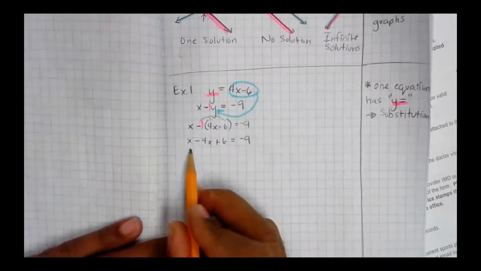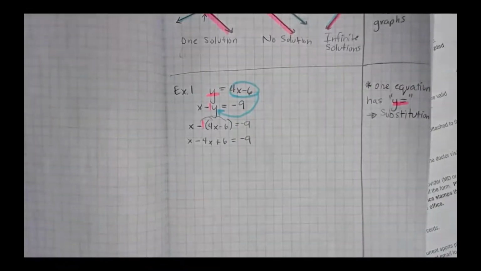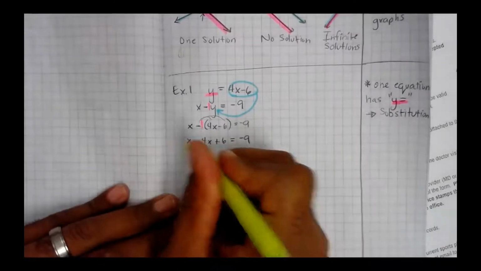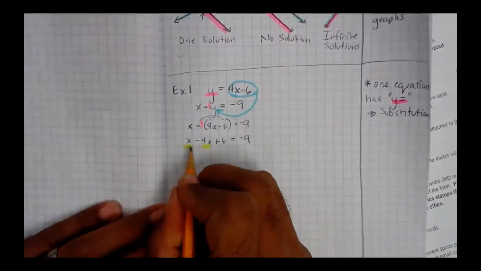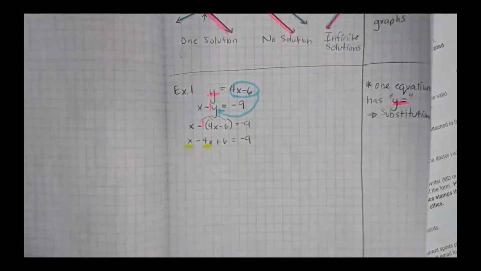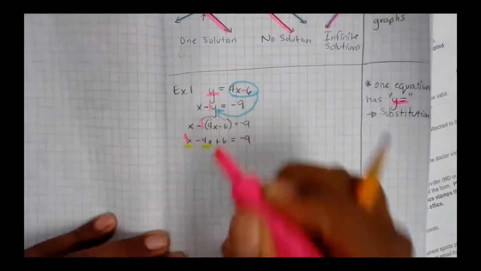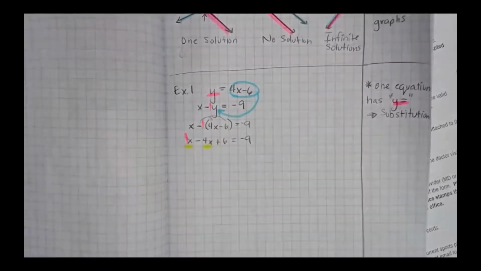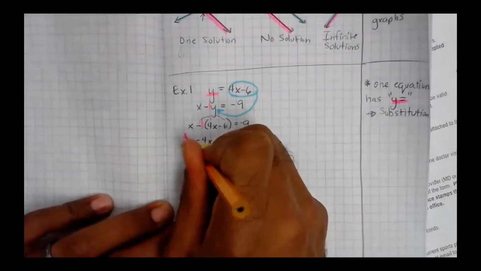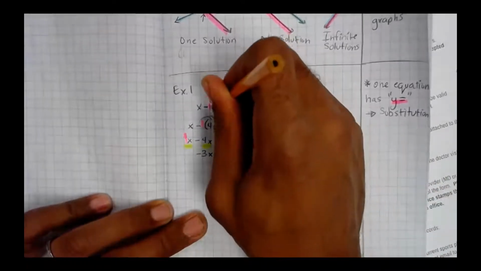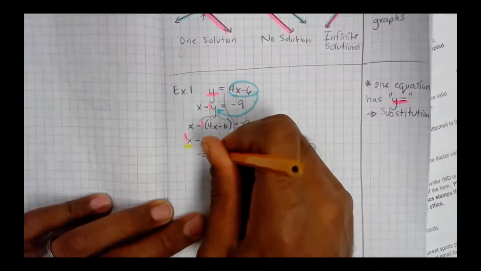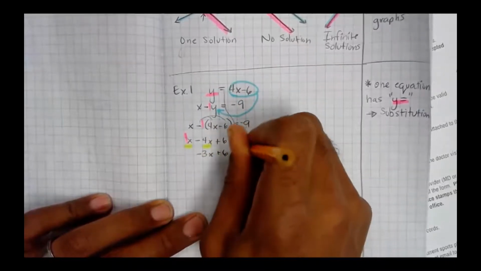Okay, now we want to combine like terms. So these are like terms, so we'll combine those. Remember, this is basically 1x here. So 1 minus 4 is minus 3x. Oh, I forgot my equals line here. Sorry about that. And then plus 6 equals negative 9.